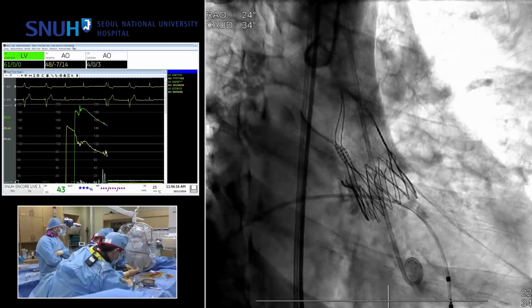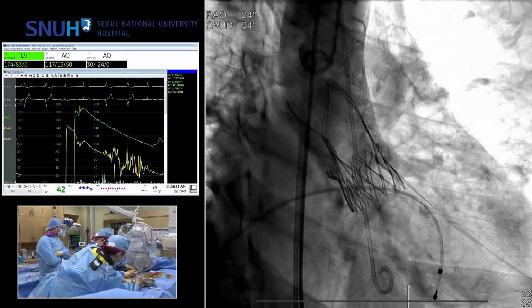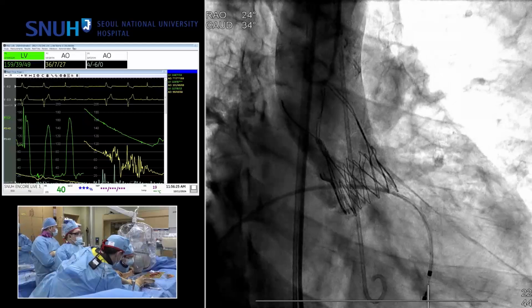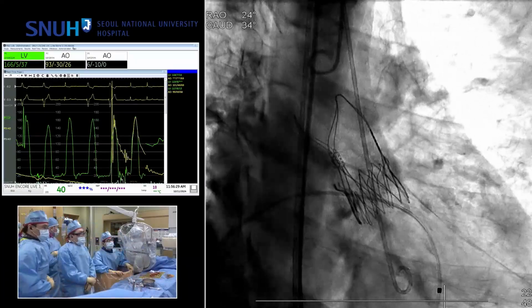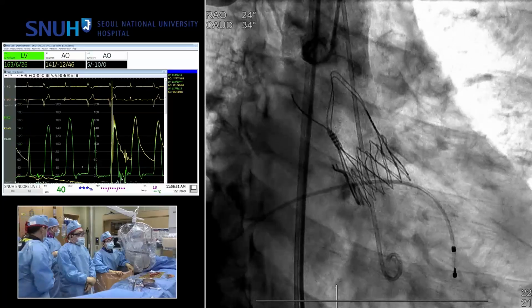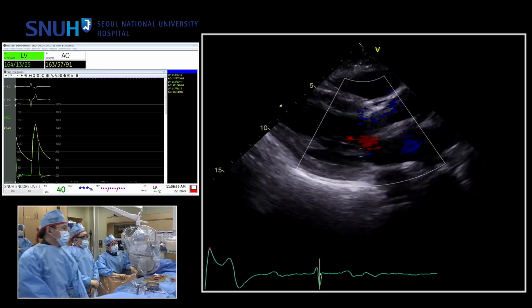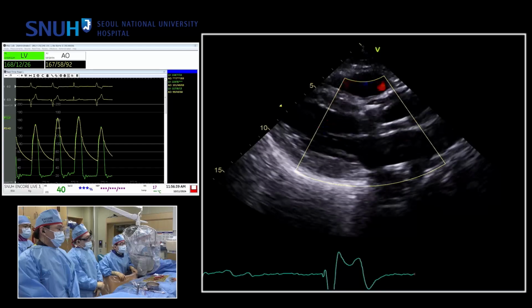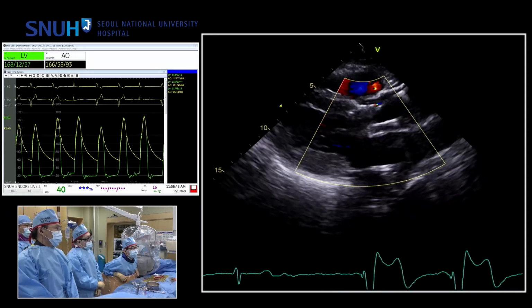You are flushing the pressure line. Well, good. It is a pacing beat, but it's good. Yeah, we can appreciate the dicrotic notch.